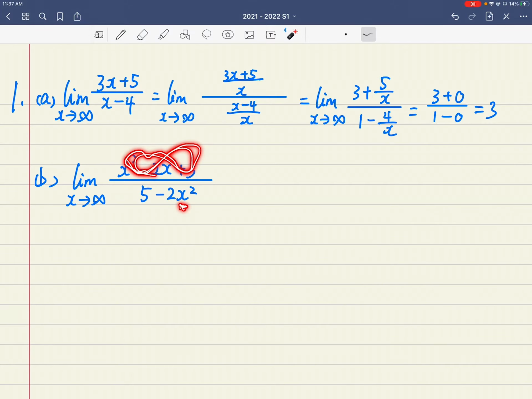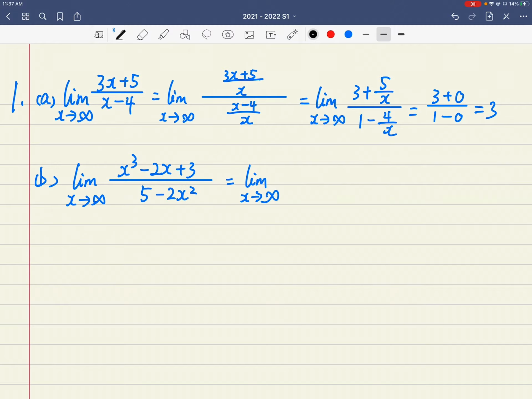And the bottom, when x is very large, 5 minus 2x squared is going to be very, very small. It's close to negative infinity. So again, you can divide both sides by x to the highest power. Here, the highest power of x on the top is 3, and on the bottom it is 2. So just divide both sides by x to the power of 3.